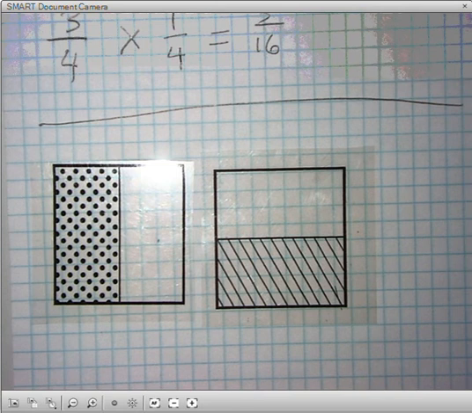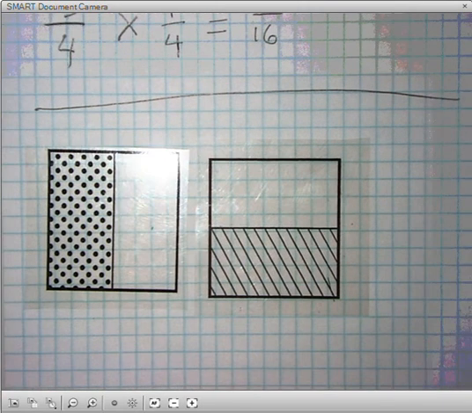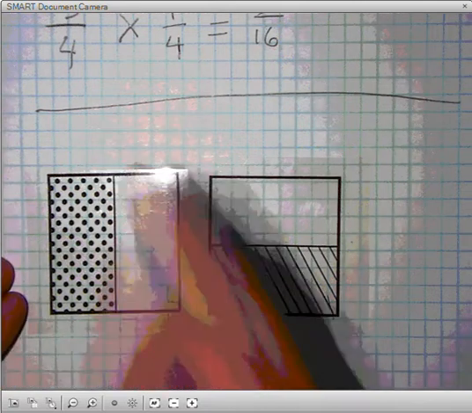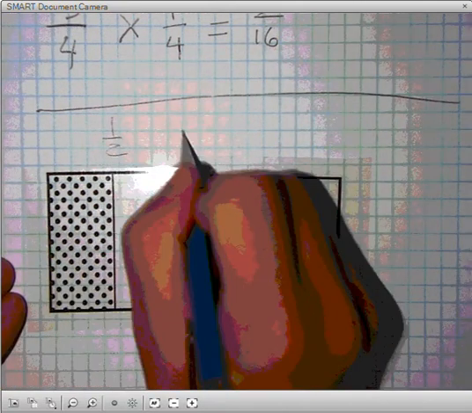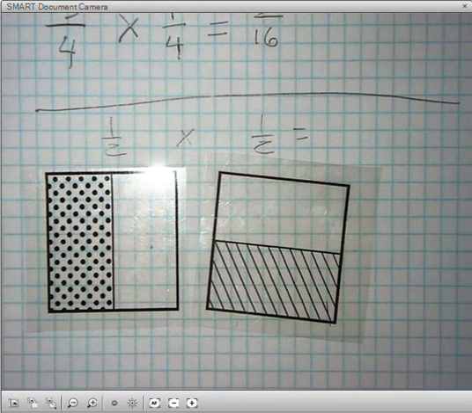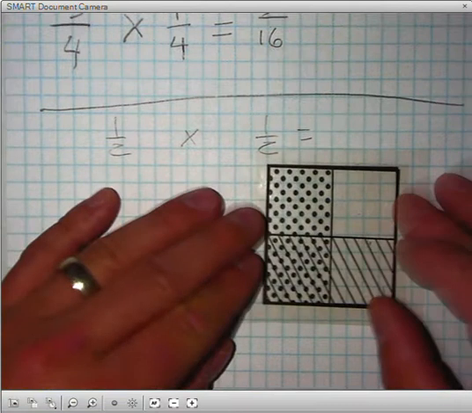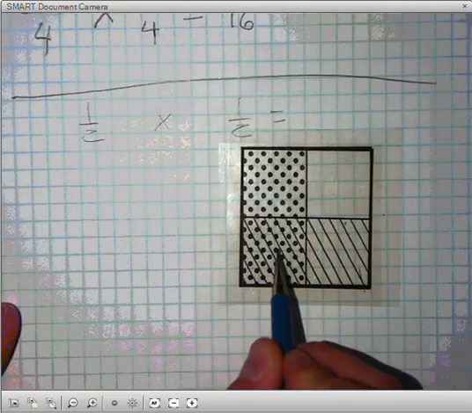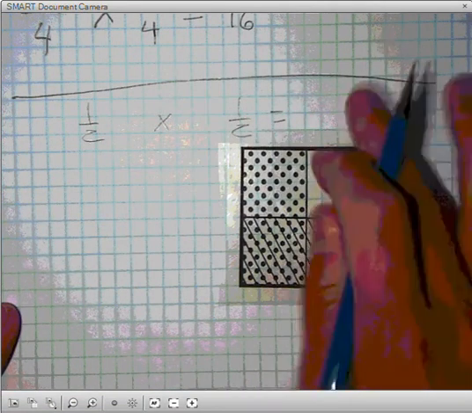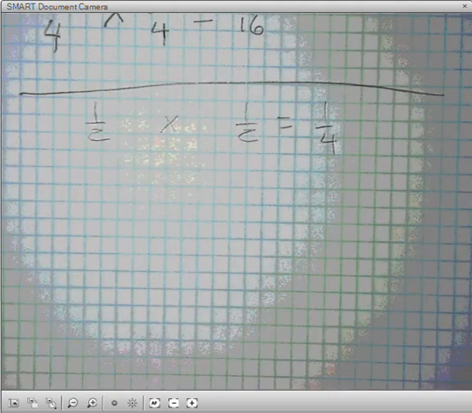Jordan? 1/2 times. All right, so on our multiplication problem, we got 1/2 times 1/2. What is going to be the answer to this multiplication problem? Louise? 1/4. And if we put those together, we've got 1 out of the 4 that have both stripes and polka dots. So our answer there is 1/4.